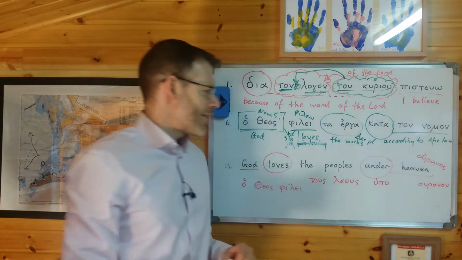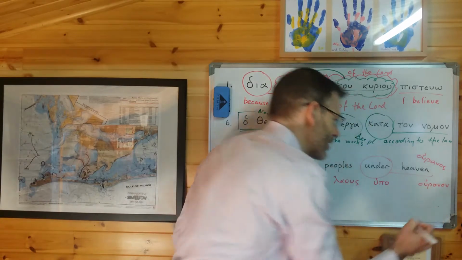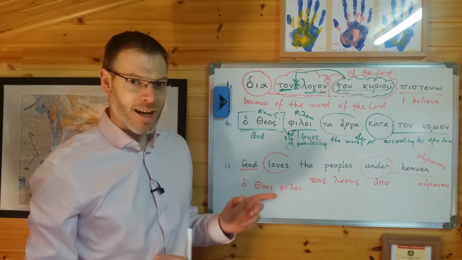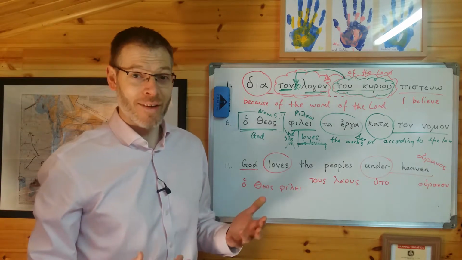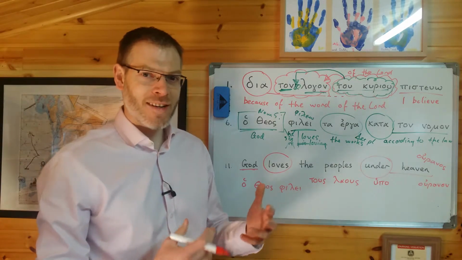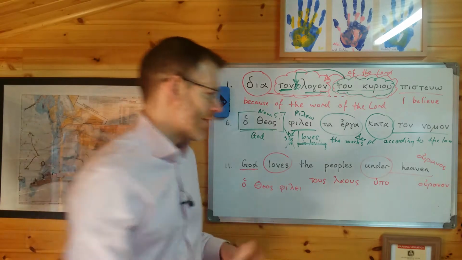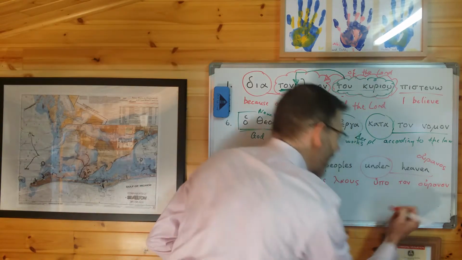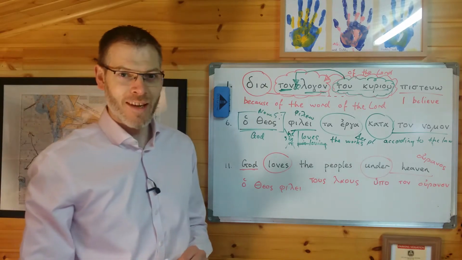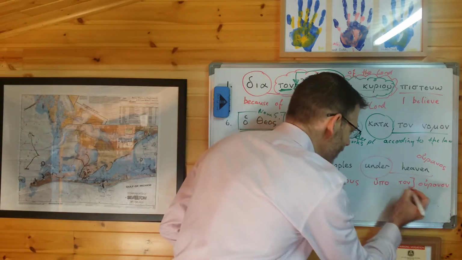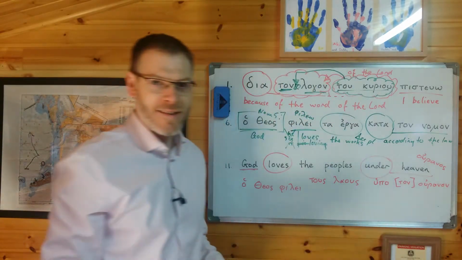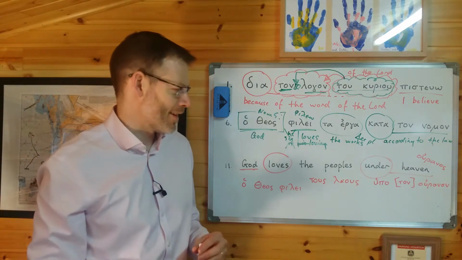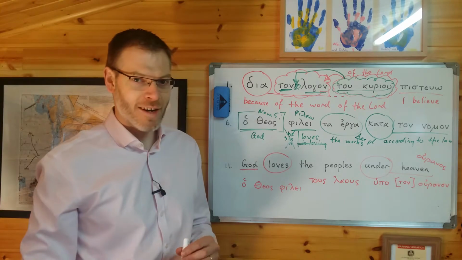Now, just one final point about this. Sometimes the English word heaven translates the Greek phrase, literally, the heaven, ton uranon, and sometimes you'd find that in Greek, sometimes you wouldn't find that in Greek, it just depends on the particular style of the writer.